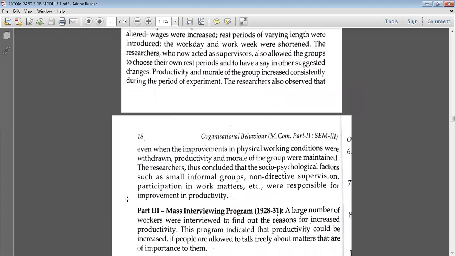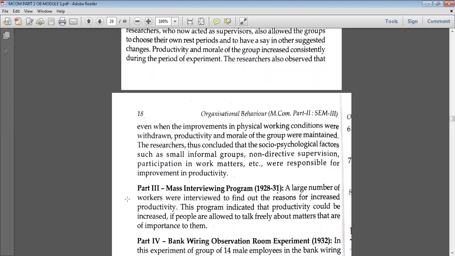So the productivity and morale were maintained. They understood that making people work in small groups, giving them a chance to participate in work related matters, and not supervising them much, these kinds of activities can help in improving productivity.